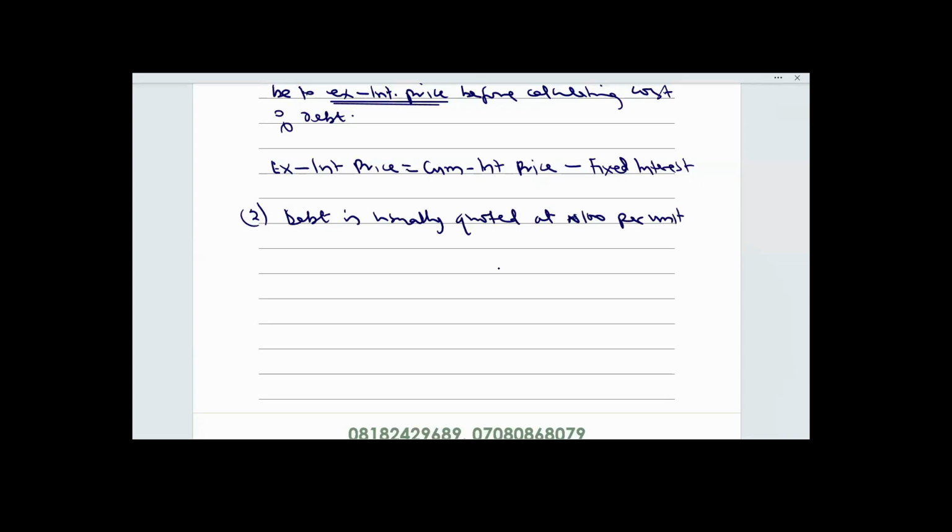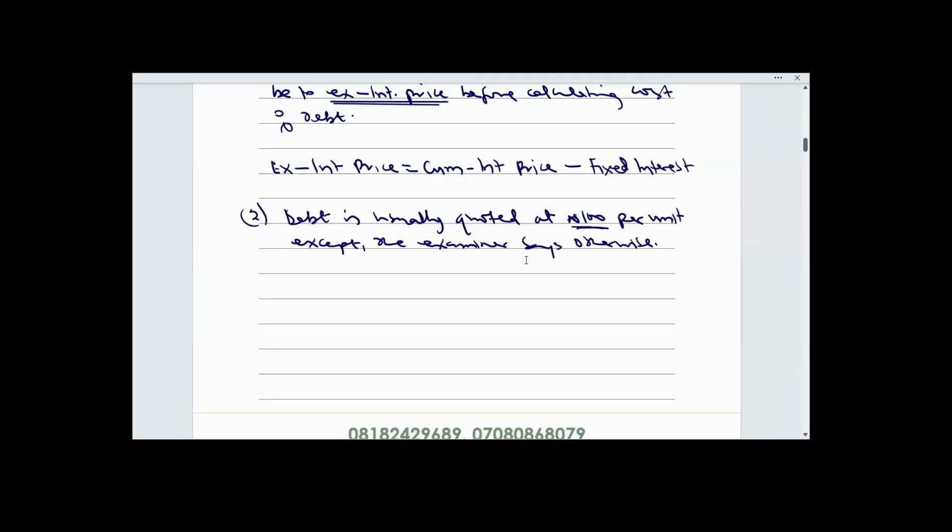At times the examiner can give you the value to be 1,000 naira per unit, but in most cases it will be 100 naira and it will be implied in the question. So you should watch out. It is always 100 naira per unit of the debt.